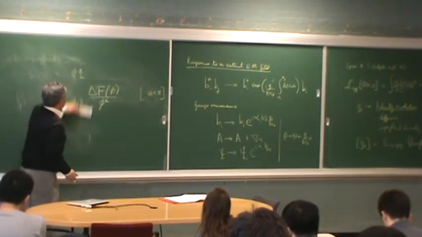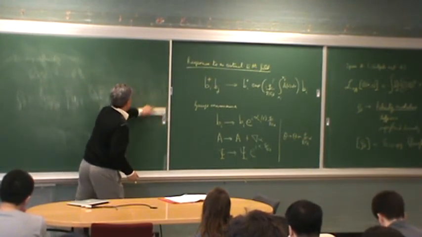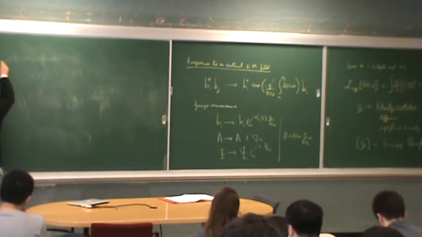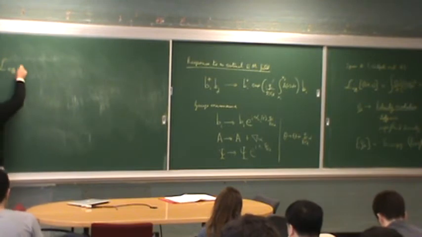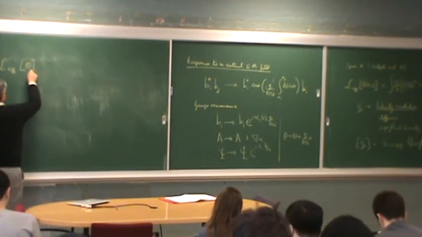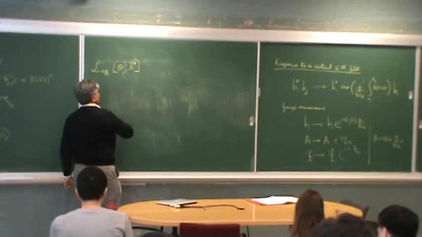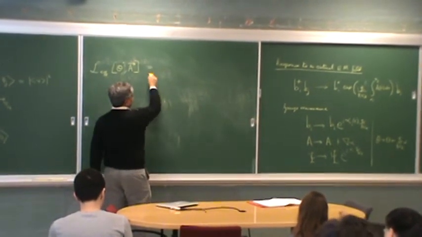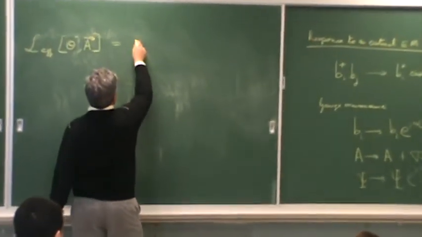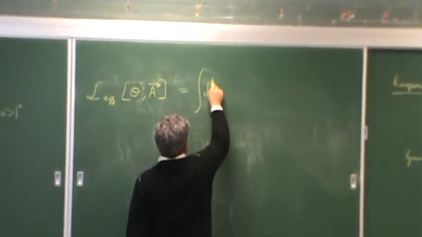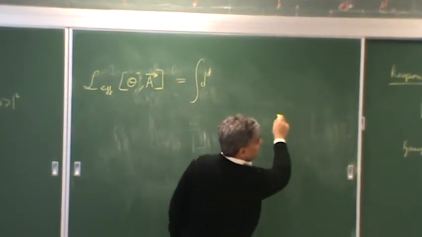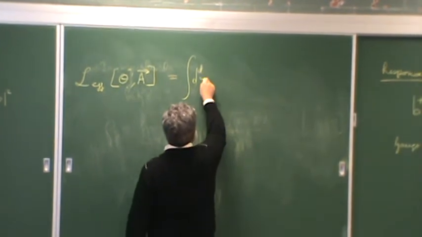And the effective action then of theta, now I will also have an A in it, and I will only put the vector part. So the only term that's consistent with this invariance, call it x or r, x.